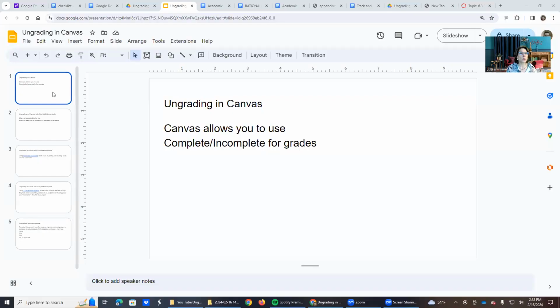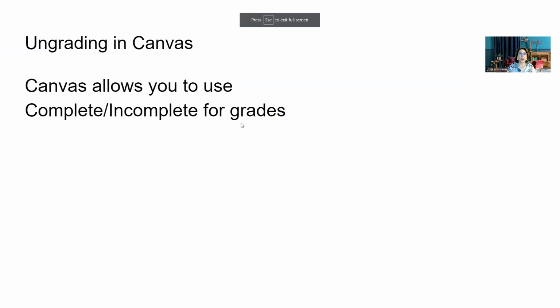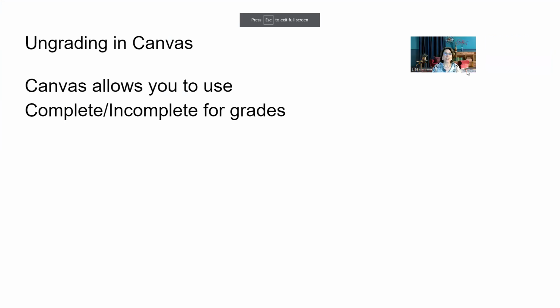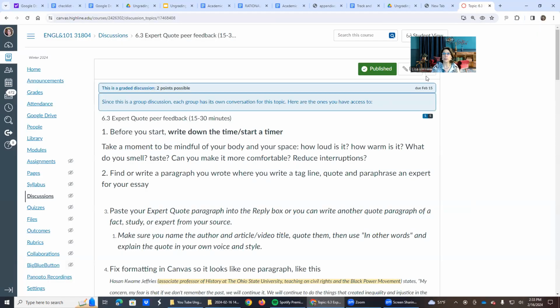So let me share my screen. I just wanted to share the process that I've gone through and the different systems that I've tried. Using ungrading in Canvas, Canvas allows you to use complete/incomplete for grades, and many of you are already doing that. But just for those who might want to see again, here's my assignment.